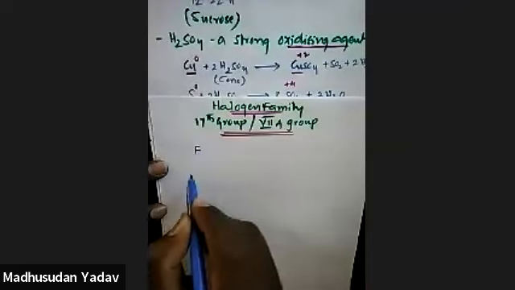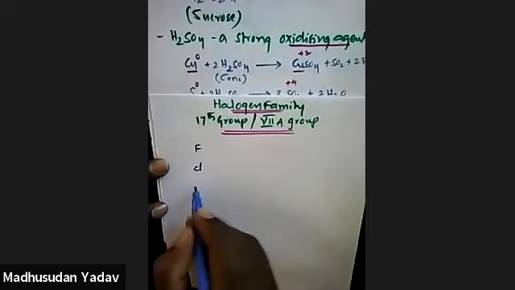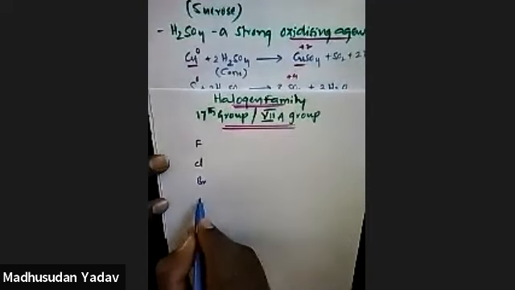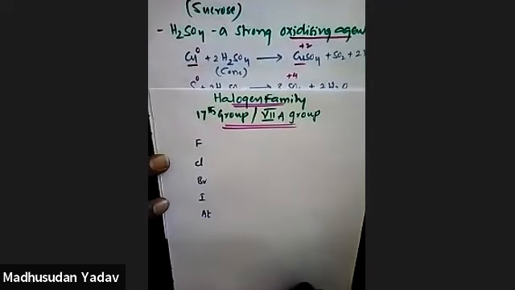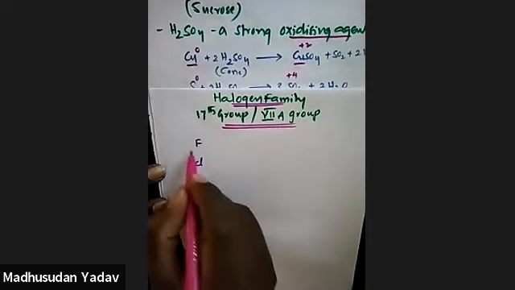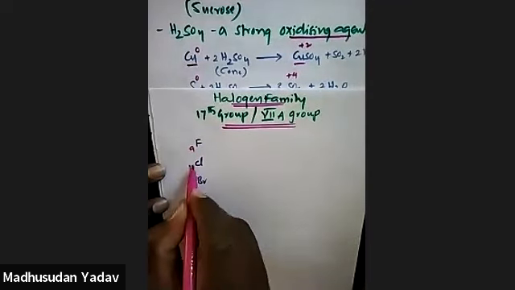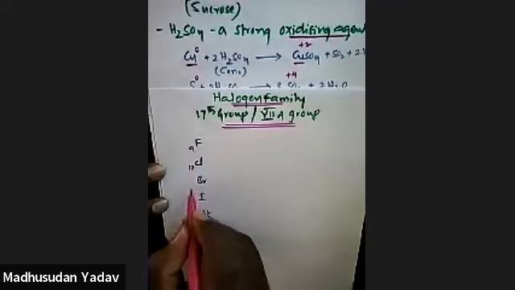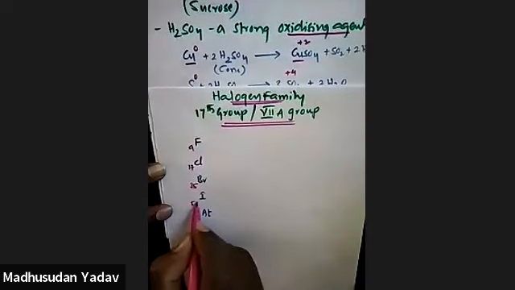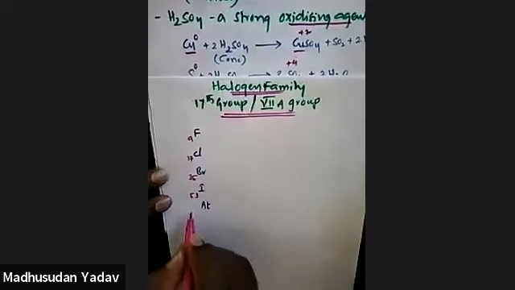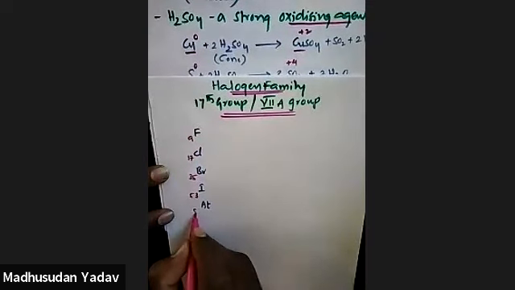So here: fluorine, chlorine, bromine, iodine, and astatine. And their atomic numbers are 9, 9 plus 8, 17, 17 plus 18, 35, 35 plus 18, 53, 53 plus 32, 85.